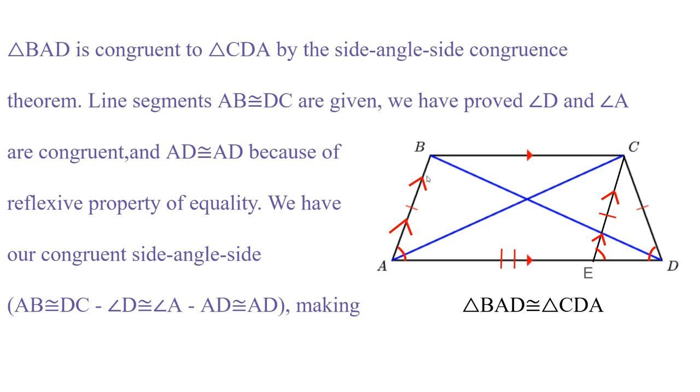With this, we now have the information to prove that triangle BAD is congruent to CDA because of side angle side, as we have two sides and an angle that are all touching. So because of the side angle side congruence theorem, triangle BAD is congruent to triangle CDA.